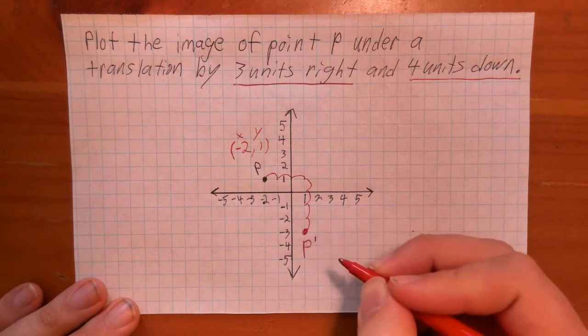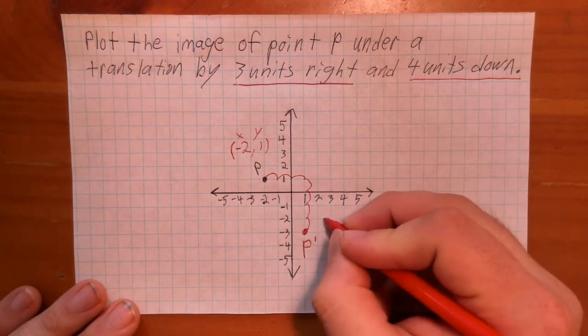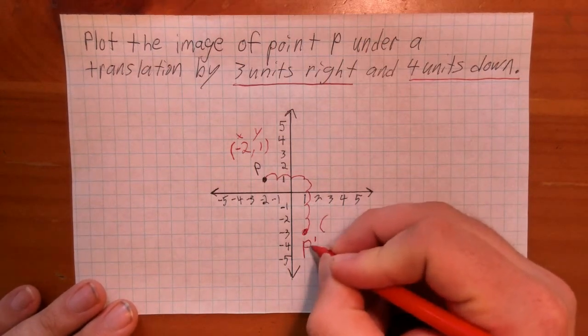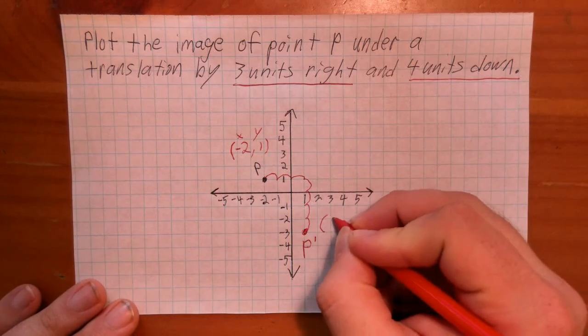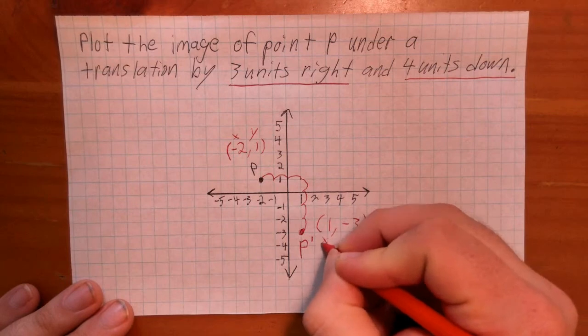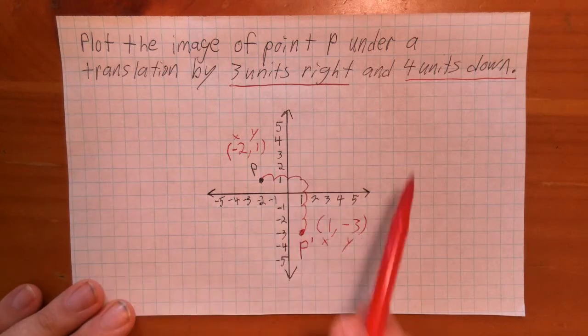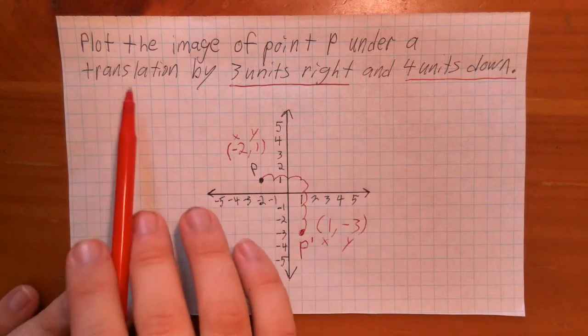We actually call this P prime. And the coordinate of my P prime here is going to be 1, -3. So that is my new x and y value that we got from doing this translation. So this is an example of a translation.